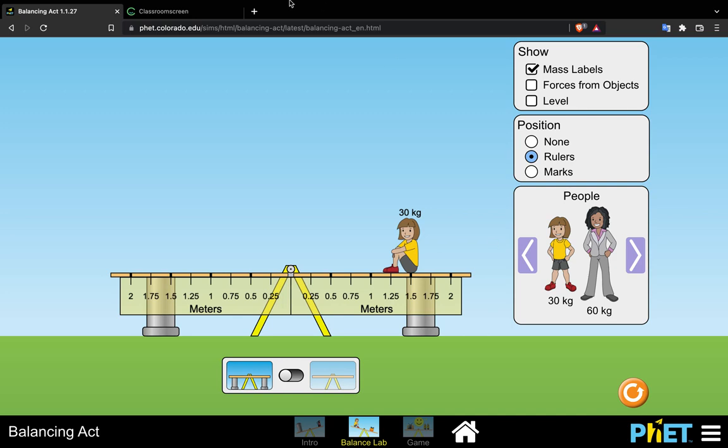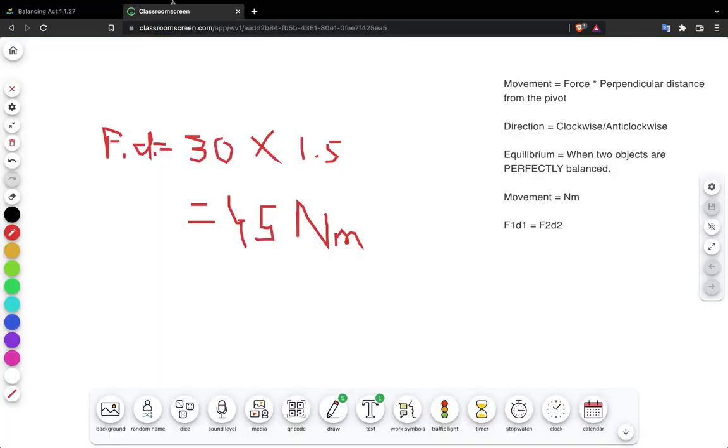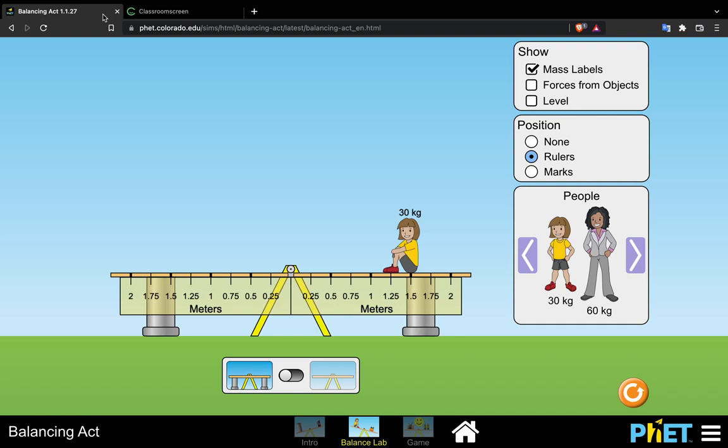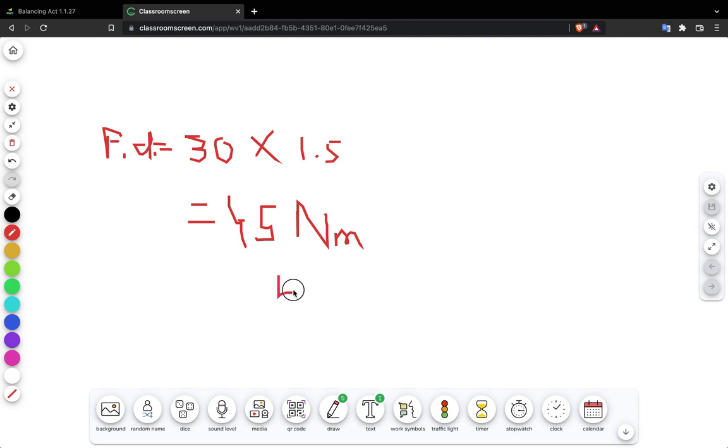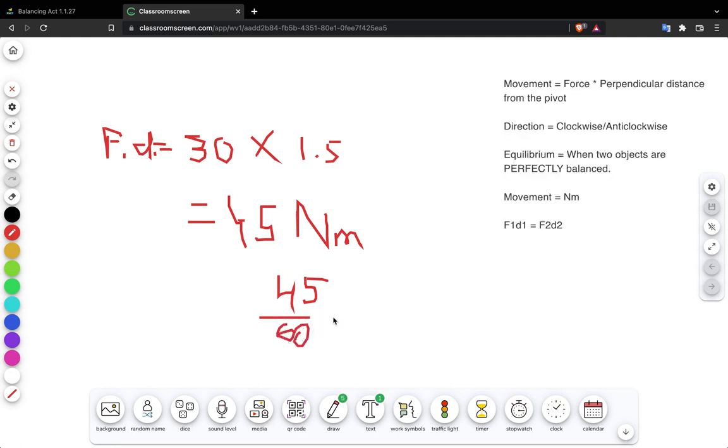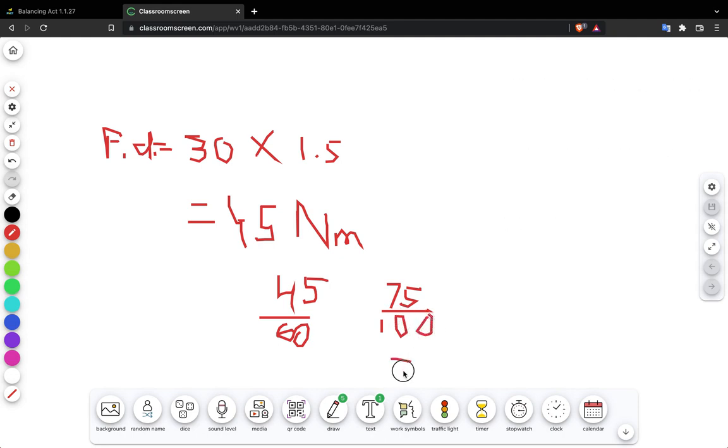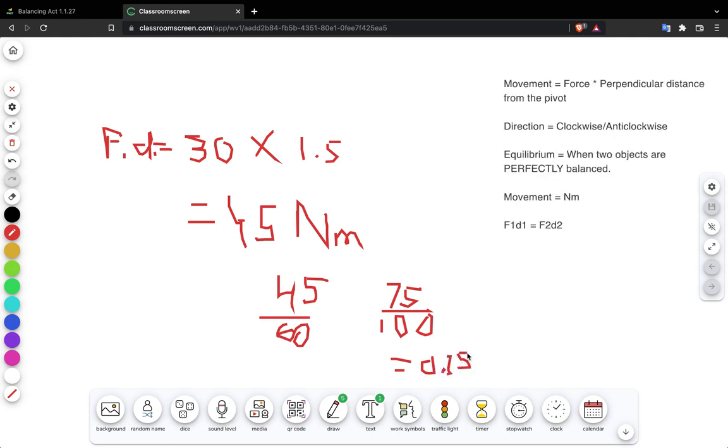To completely balance it out, she would have to sit 45 upon 60, which is basically 3 upon 4, which is again 75 upon 100. And there you go, that's 0.75.